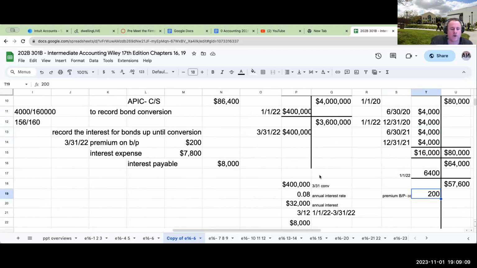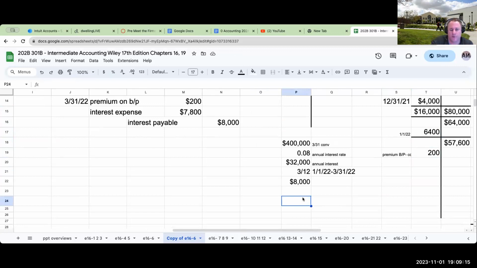So this is what I'm going through and doing. But if I'm doing it for this, I also have to do it for the remaining bonds.